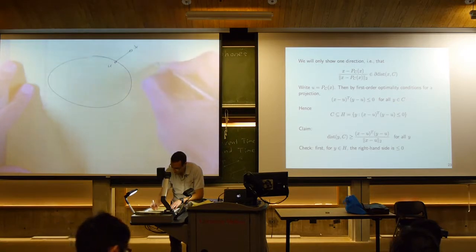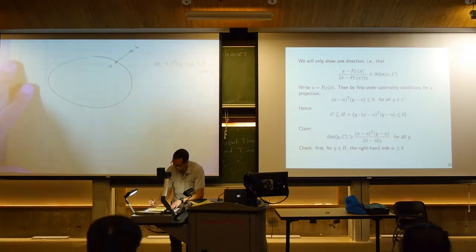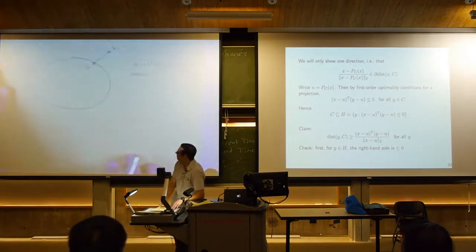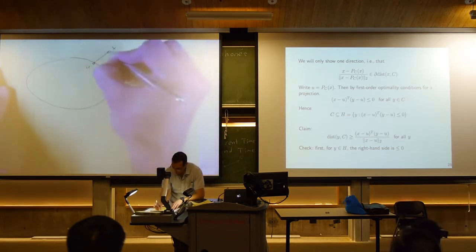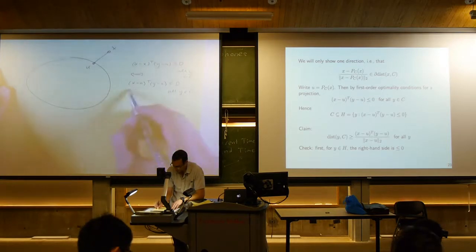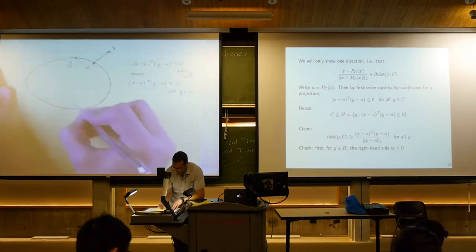So we had (u minus x) transpose (y minus u) being bigger than or equal to 0 for all points y in the set C. That's equivalent to (x minus u) transpose (y minus u) being less than or equal to 0 for all points y in the set C. So I think we can look at either one. Let's look at this condition maybe. So pick another point in the set. Say pick this point y.